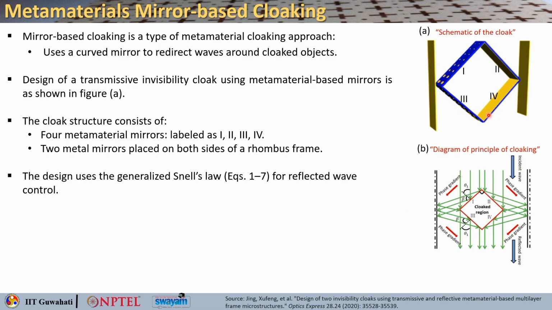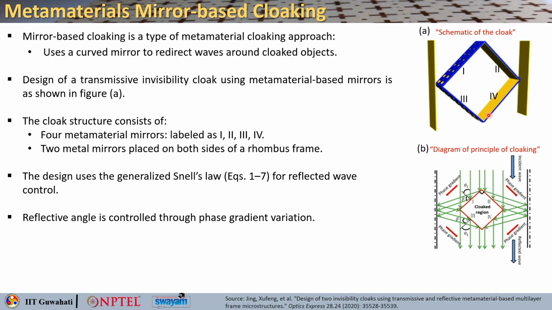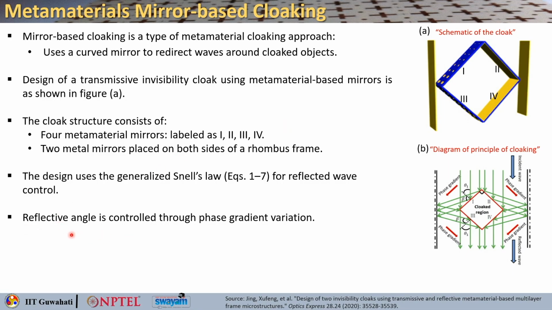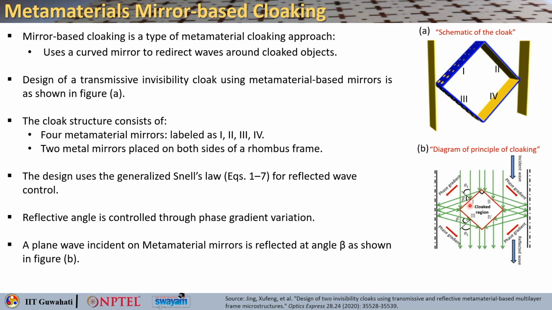okay, and this particular design basically uses the generalized Snell's law for the reflected wave control that we have seen earlier, that we have basically seen for the transmitted one. Similarly, you can also have for the reflection generalized Snell's law. Okay, and there also you will see that the reflective angle or the reflection angle basically can be controlled only by the phase gradient variation. So this is how the schematic is showing the principle of cloaking, how it is working.